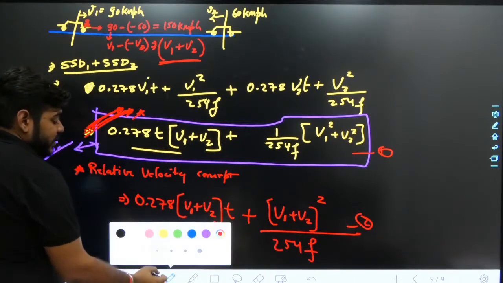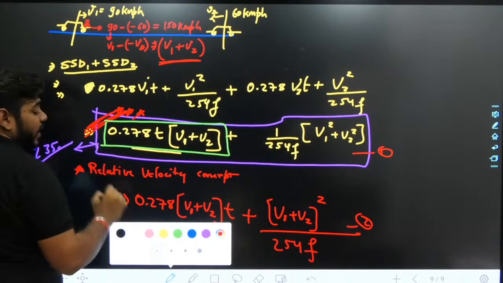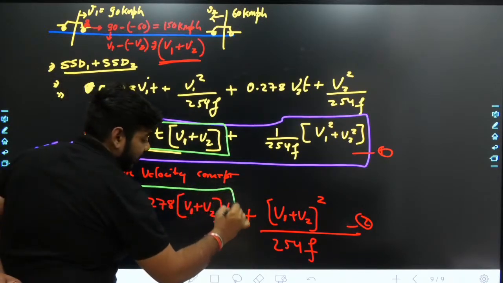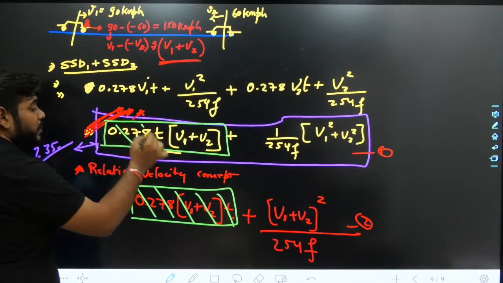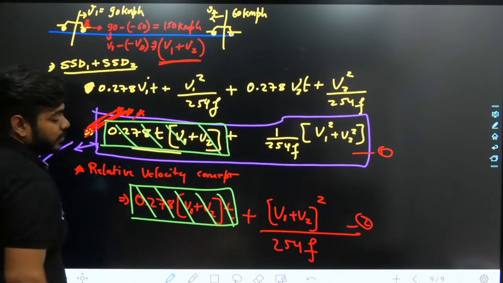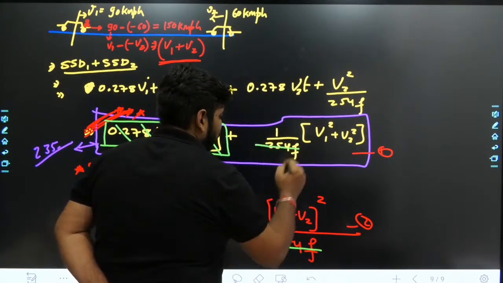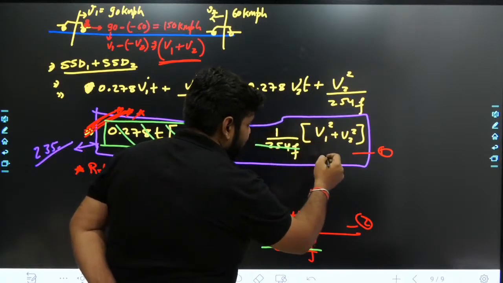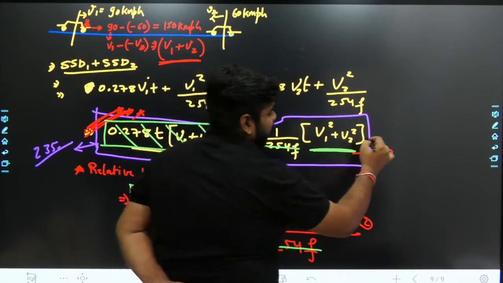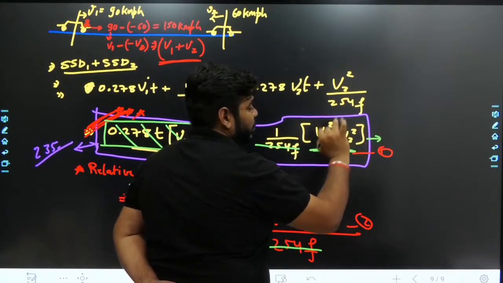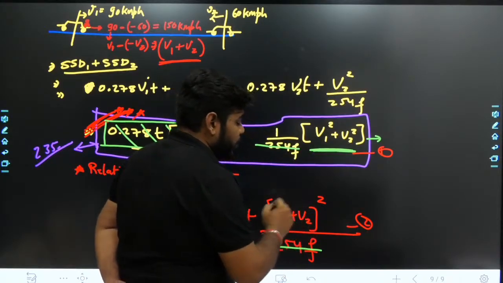The first term is the same as the first term for the relative velocity concept, so we won't talk about it because it is similar in both cases. Now the second part: the 254F value is common. In the correct method you are using V1 square plus V2 square, and here you are using V1 plus V2 whole square.